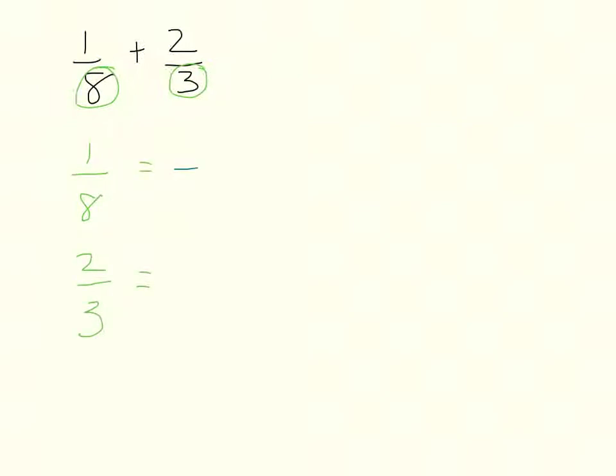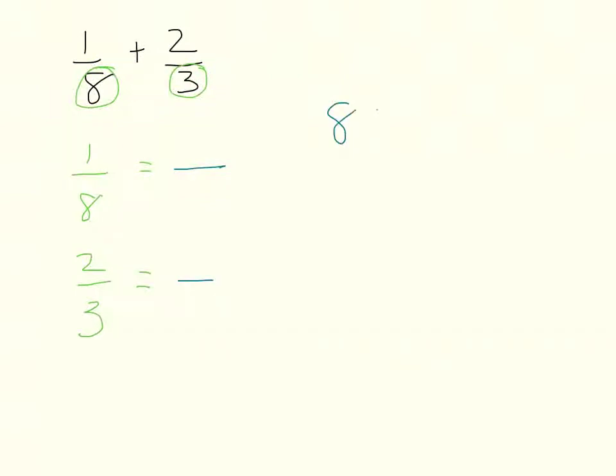So we could take anything we wanted. We could take 1/8 plus 2/3, and we could say our common denominator here, what both 8 and 3 go into, is 24. I really like to write my fractions when I add so that I can see what the new fraction is right next to it. It makes it easier for me to find the equivalent fraction. So what numbers do both 8 and 3 go into?